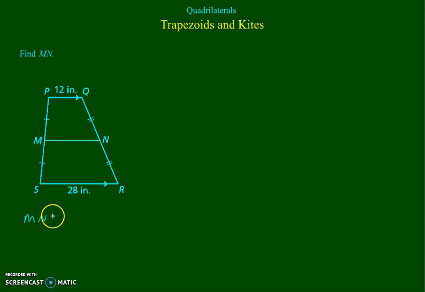MN is 1/2 12 plus 28, which is 1/2 of 40, which is 20. Pretty basic example. Let's move on and see what else we have.